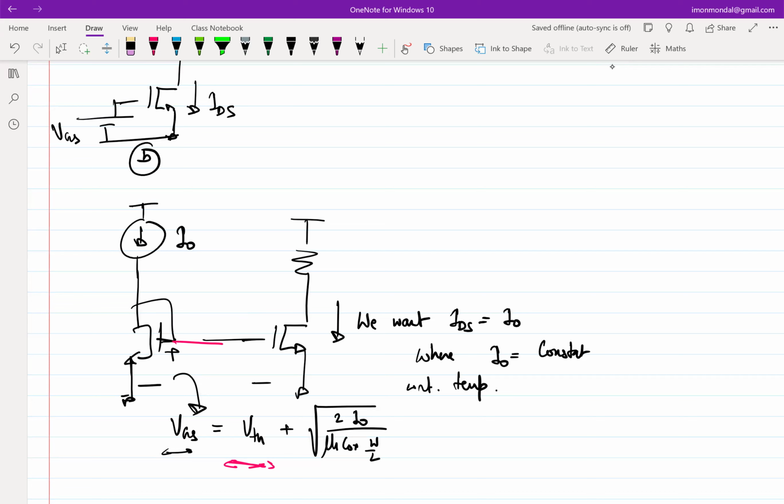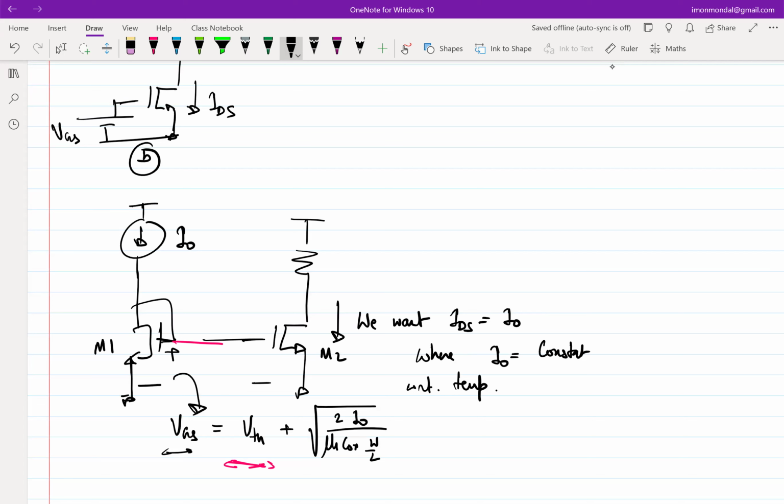But do you agree that if I do this, this will get connected with a constant current bias? Yes or no? So what I'm essentially saying is, let's say now the threshold voltage has changed. And further, we have to make an important assumption here. Let's say M1 and M2 are identical. That is, their threshold voltages are the same.